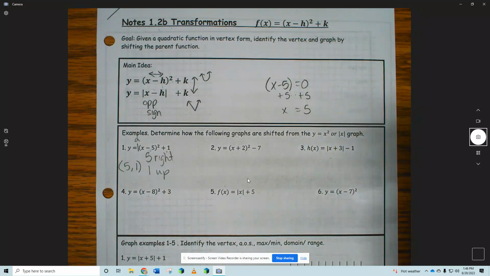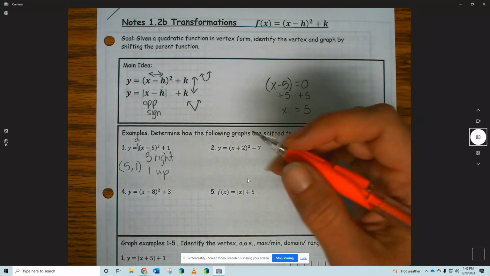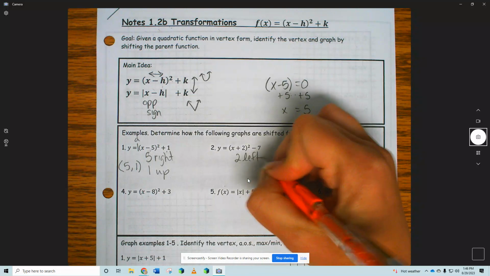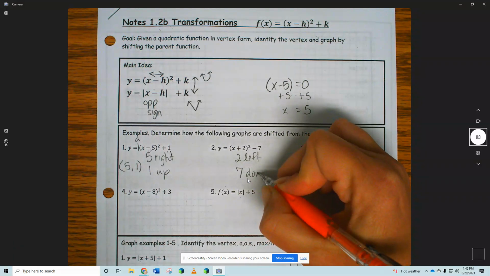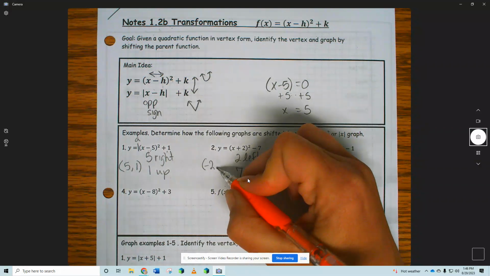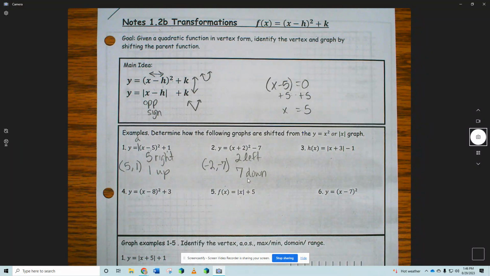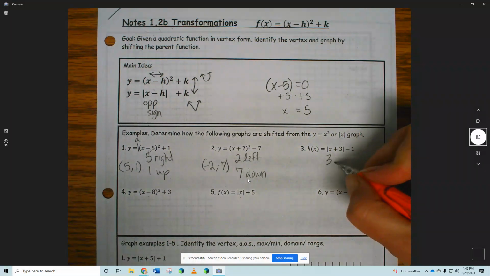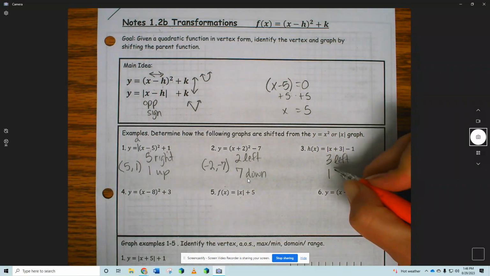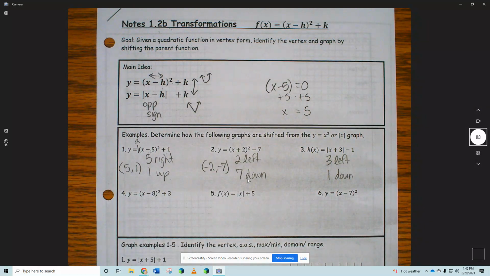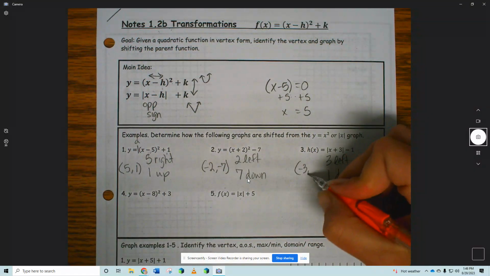Number 2, 2 to the what? 7 to the what? 2 to the left, 7 down. Good. -2, -7. Number 3, 3 to the what? 1 to the what? 3 left, 1 down. -3, -1.